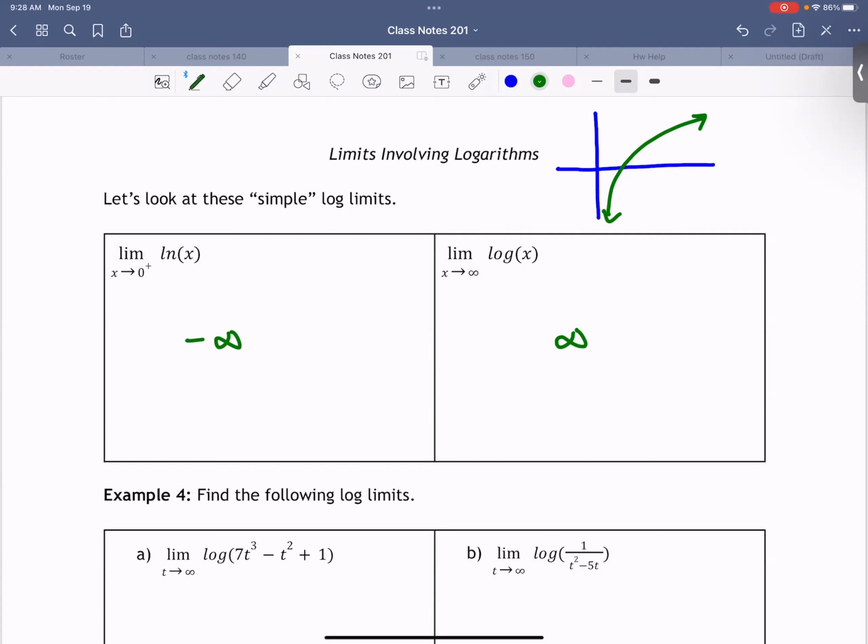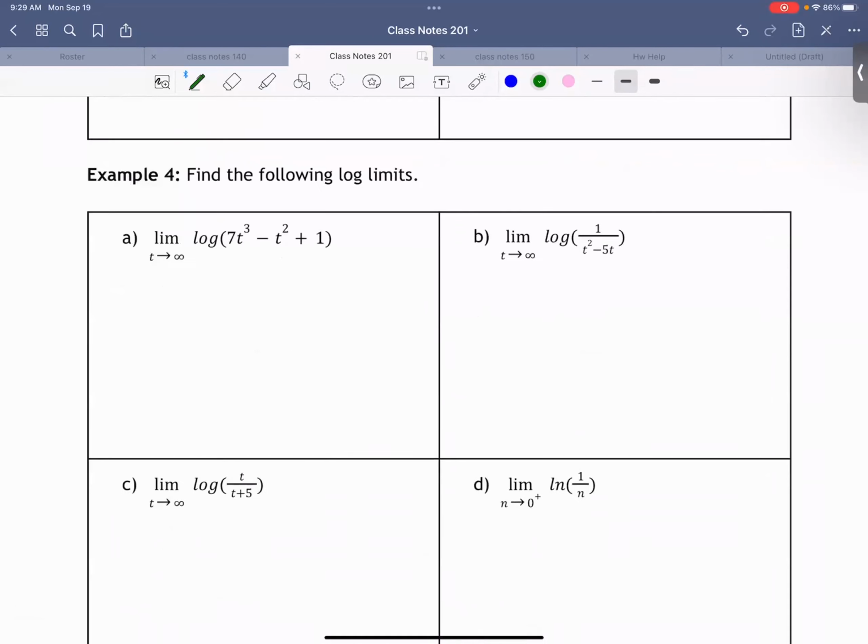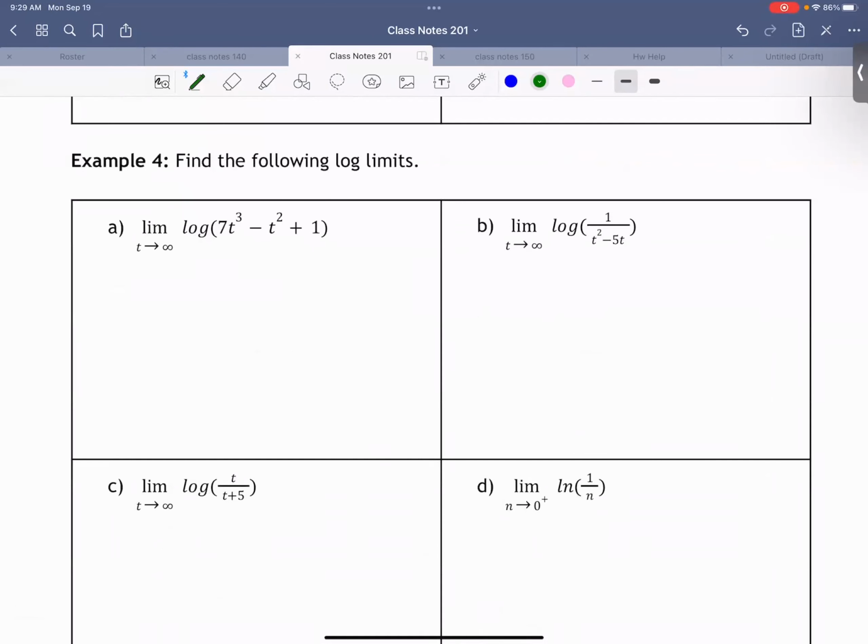Okay, this is basically all you have to know. You don't have to know what the graph of all the different log functions go to. As long as you know the basic shape of a logarithm, you should be able to find these limits. So let's go through a couple of these. The process I use for this is very similar to my process for the exponential functions. But instead of seeing what the exponent goes to, I'm going to look at what the inside of the logarithm goes to. So here are my steps.